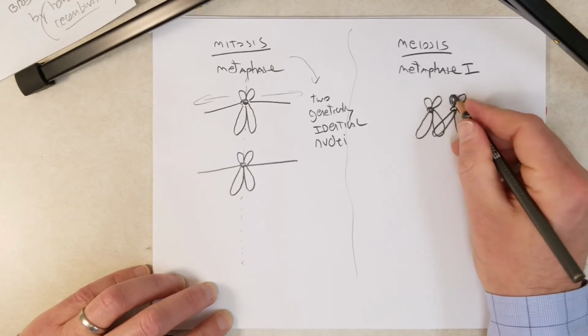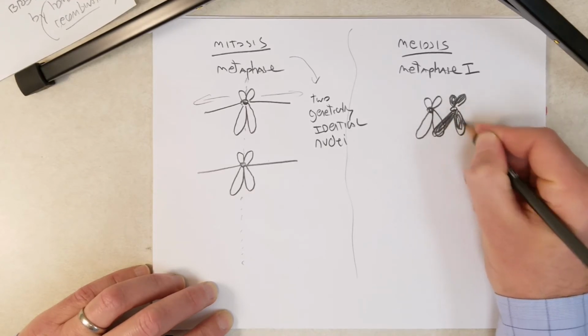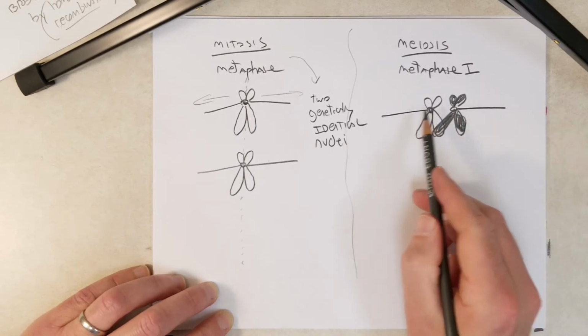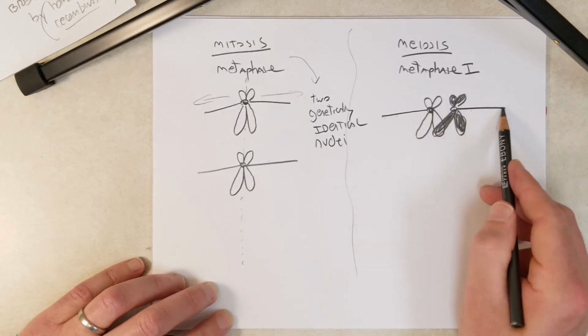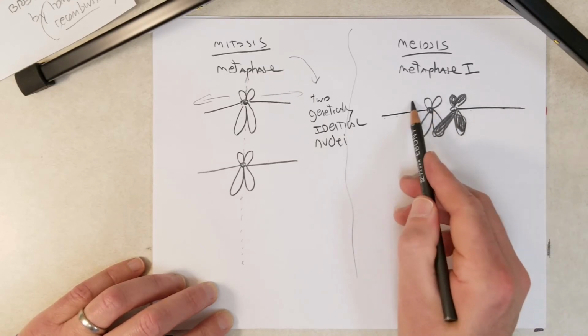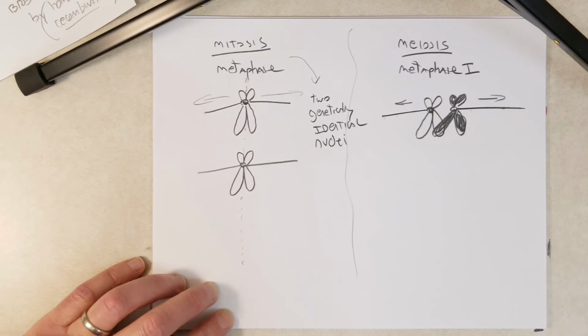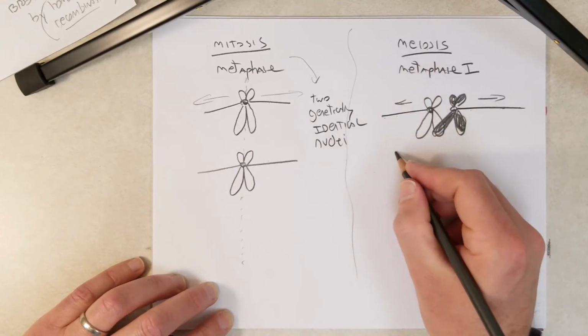And let me color this one in over here. And so these are homologous chromosomes. One is attached to one microtubule, the other one is attached to another microtubule, and they will go in opposite directions during anaphase 1.